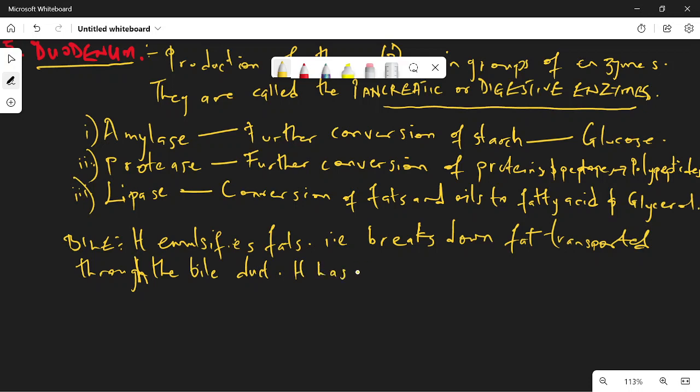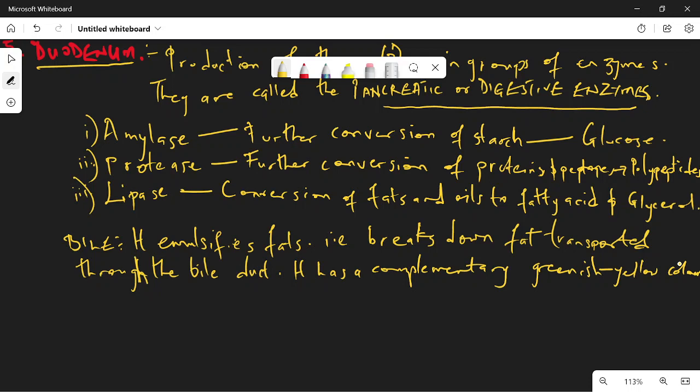It has a complementary greenish yellow color. It has a complementary what? Greenish yellow color.